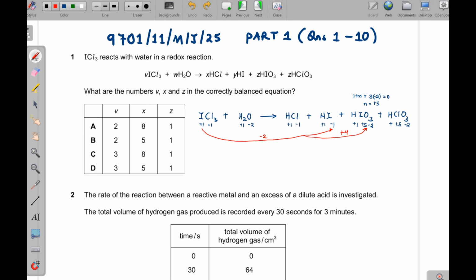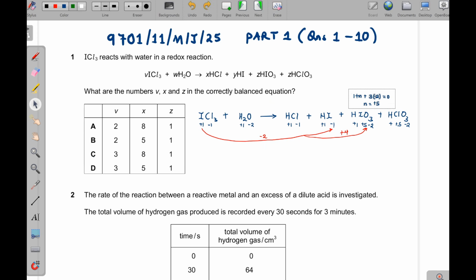Then let's go to chlorine. Chlorine from here to here, okay, we can see there is no change. Actually, is the change there? No, this is -1, and then this is -1, so no change.